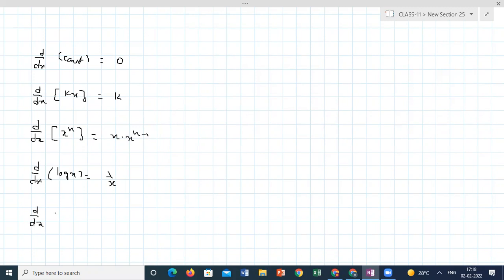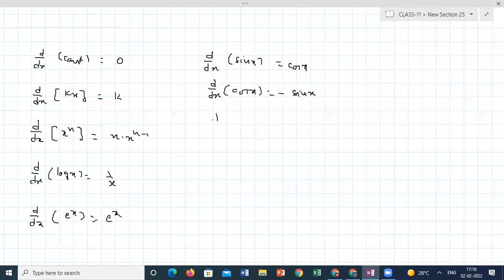Differentiation of the exponential function e power x is equal to e power x. For trigonometric functions, d by dx of sin x is equal to cos x. Differentiation of cos x is equal to minus sin x.